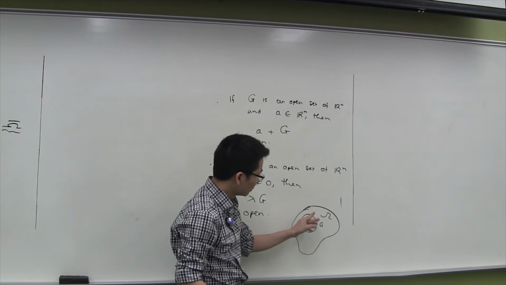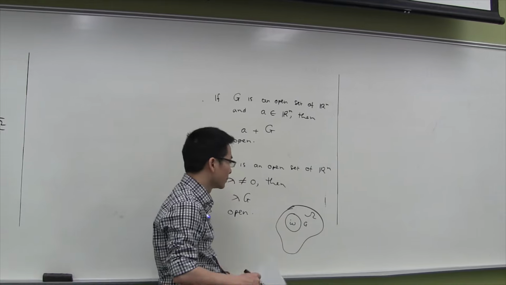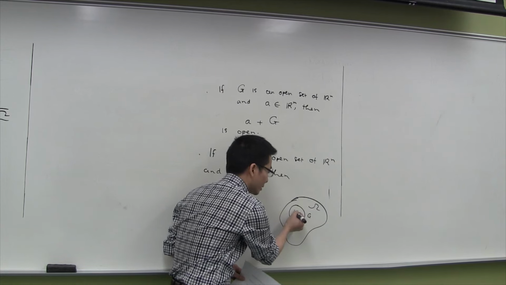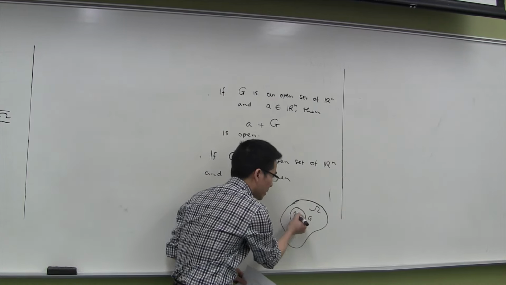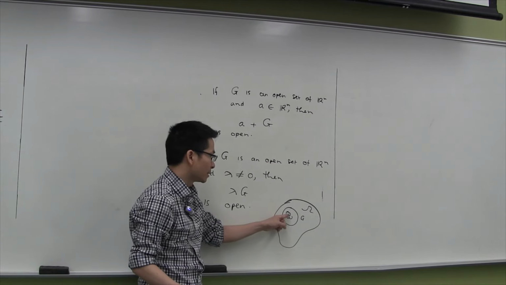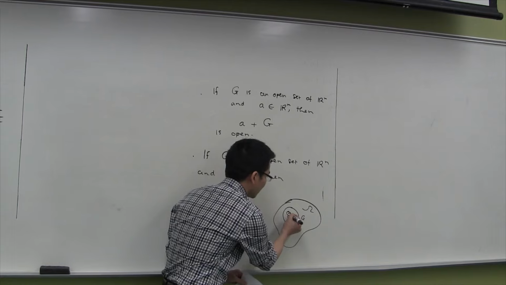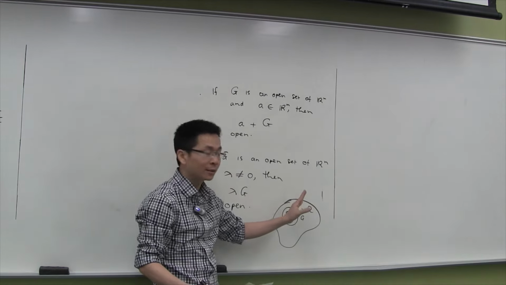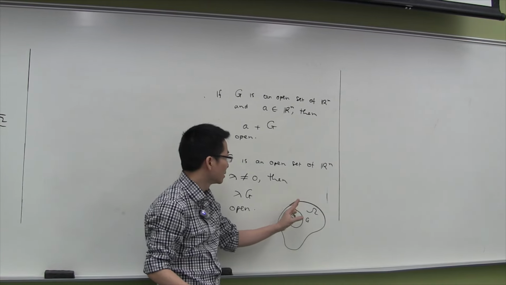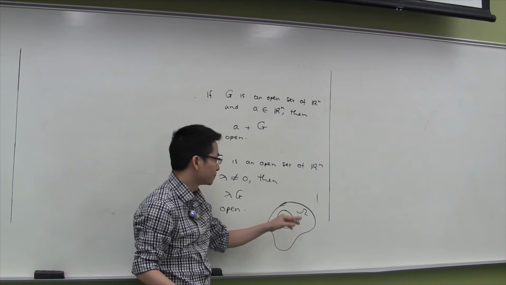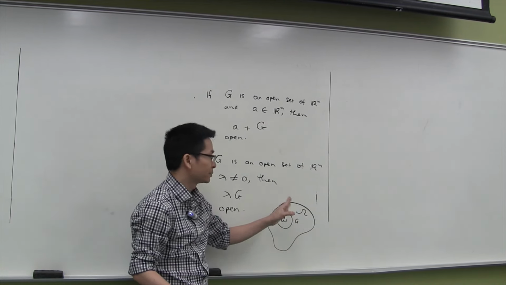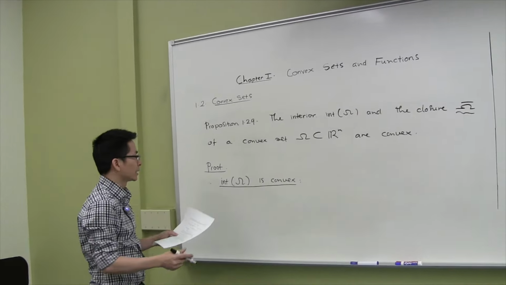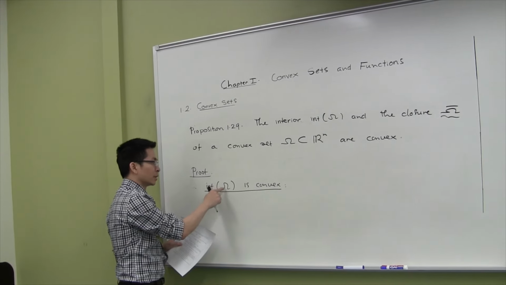We can prove that easily because G is open, so you can find R greater than 0 so that the ball with center at omega and radius R is a subset of G, and then obviously it is also a subset of omega. So any point of omega is an interior point, and therefore omega is open.